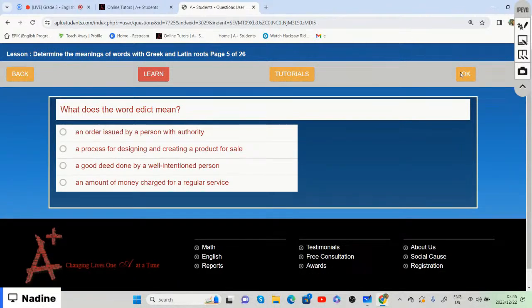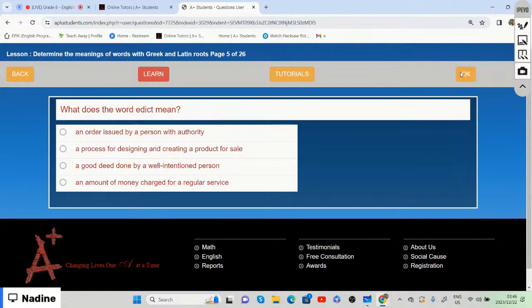All right, last one. We need to say what the word edict means. The word edict.